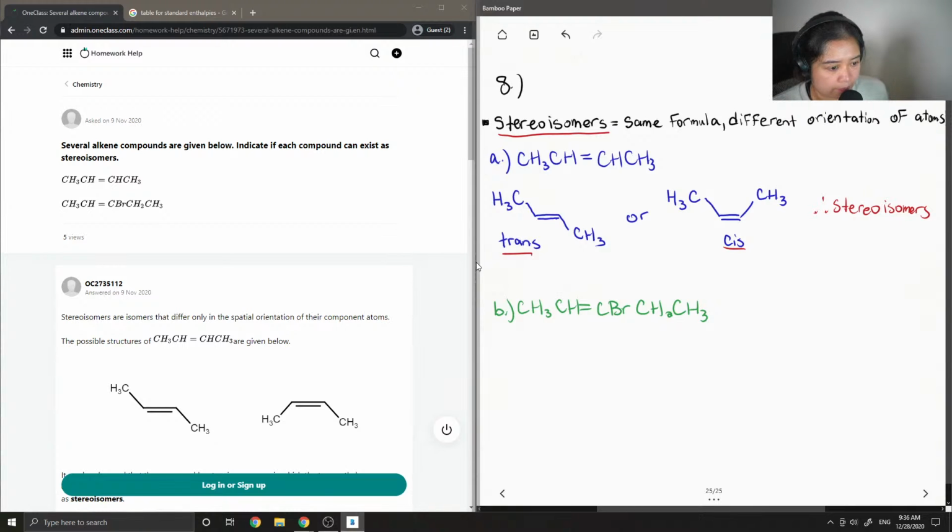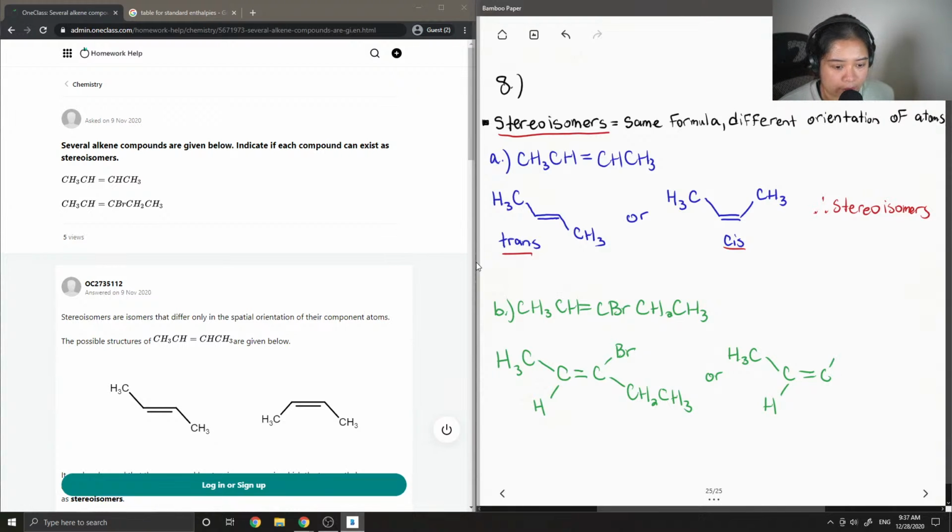So this can be written as having our methyl group on one side, or the different configuration can have this side as the same, but our ethyl group on the same side as our methyl group, and the bromine on the same side as the hydrogen.